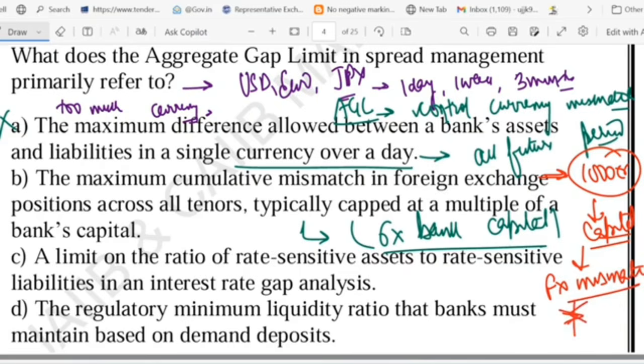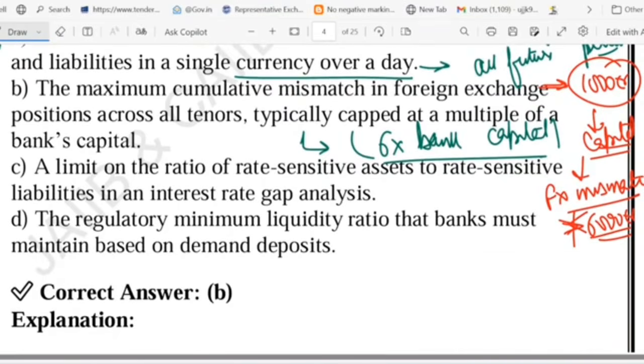That is the meaning of it. AGL tells the bank that you can't have a foreign exchange mismatch beyond a certain limit, and this limit is set at 6 times the bank capital. So suppose the bank has 1000 crore in capital, it cannot have foreign exchange mismatch larger than 6000 crore. Yes, option B is perfectly correct.